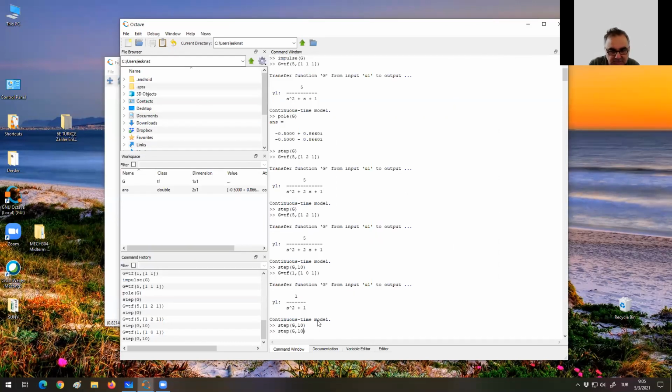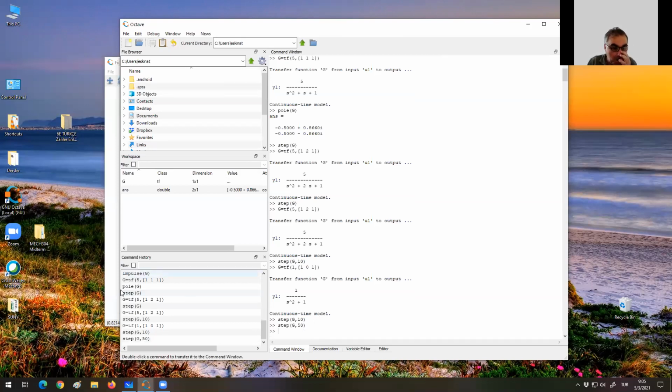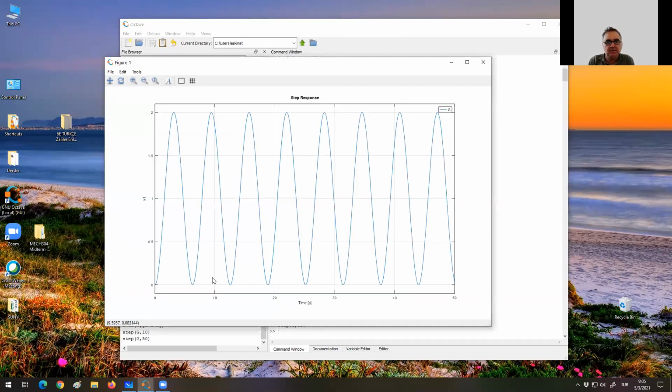Or let's increase this a little bit. Let's say we increase it up to 50. The response will be like this. You see that the response is between 0 and 2. Steady state is 1, but it never reaches that because the response is purely oscillatory.